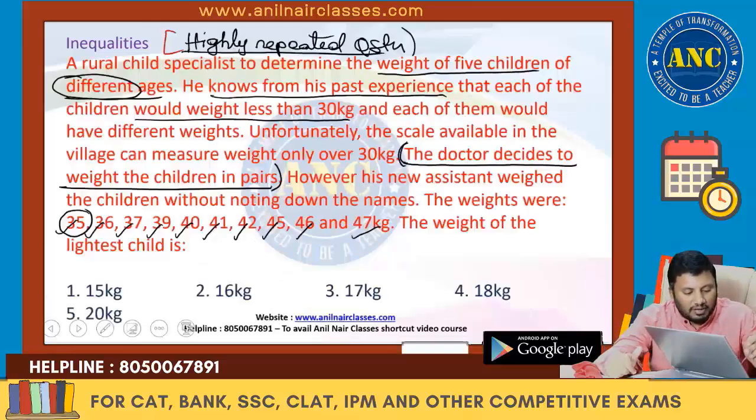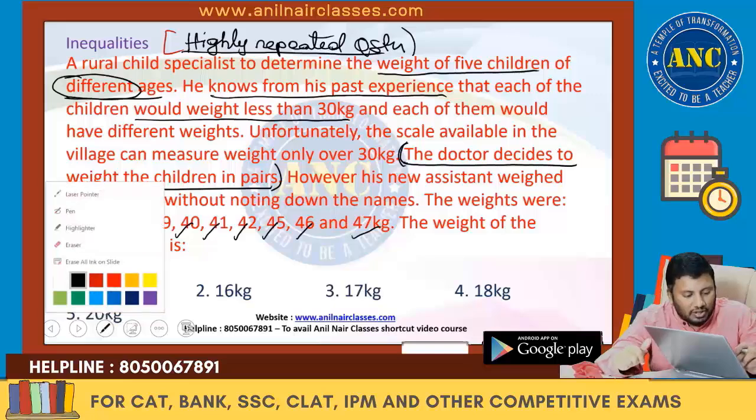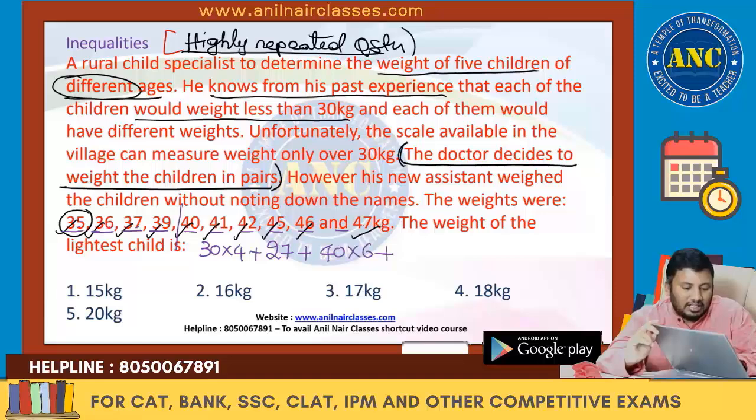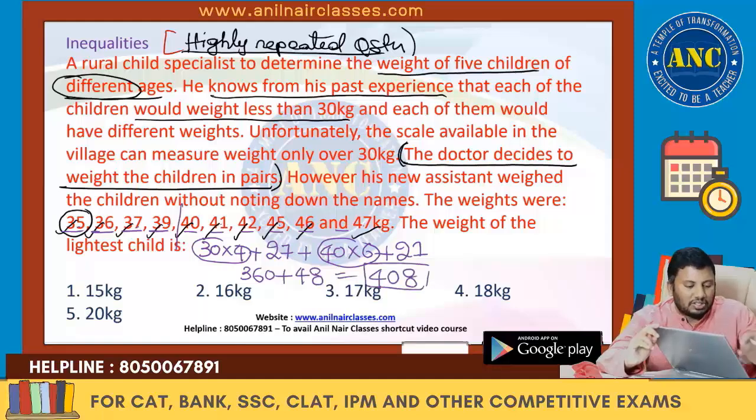This is nothing but the sum of the weights. Let us solve it slowly: the sum of all the pairs is 30, 35, 36, 40, 41, 42, 43, and so on. Adding them gives 120 plus 240, which is 360, plus 27 plus 21, 48, which is nothing but 408.